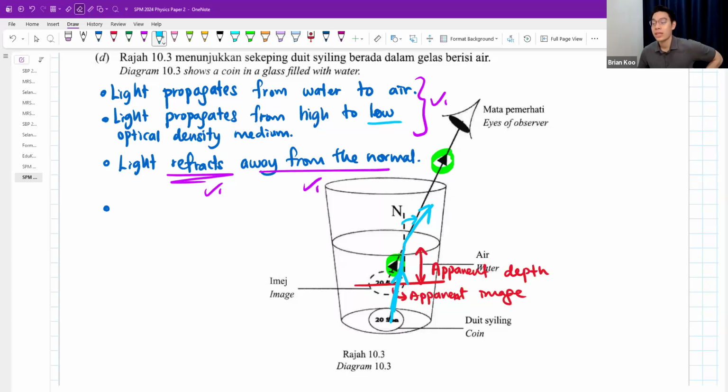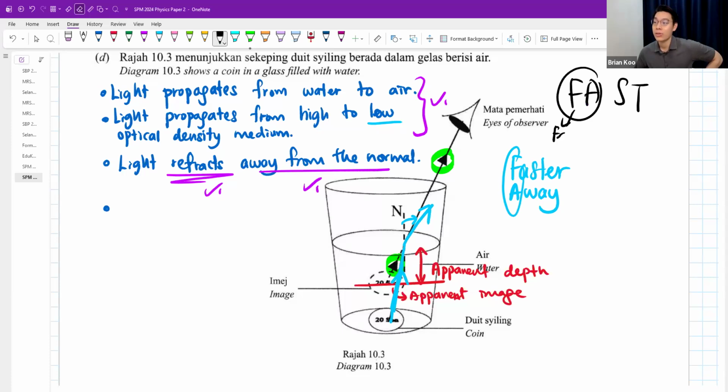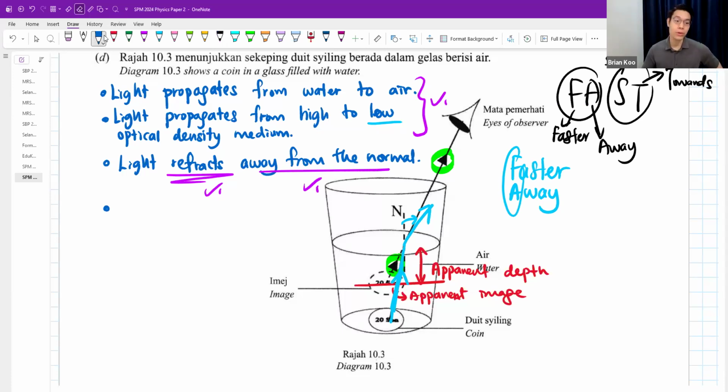When you go to a less dense medium, it would be faster. And faster, I always tell my students, means away from the normal. Why? Because you think about FAST. Faster means it will go away from the normal. And if it's slower, it will go towards the normal.